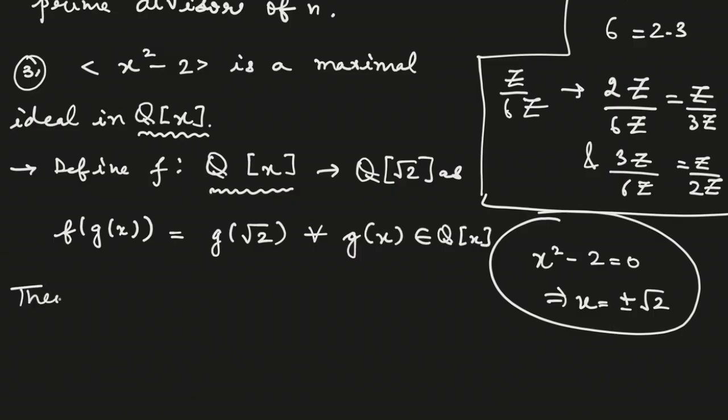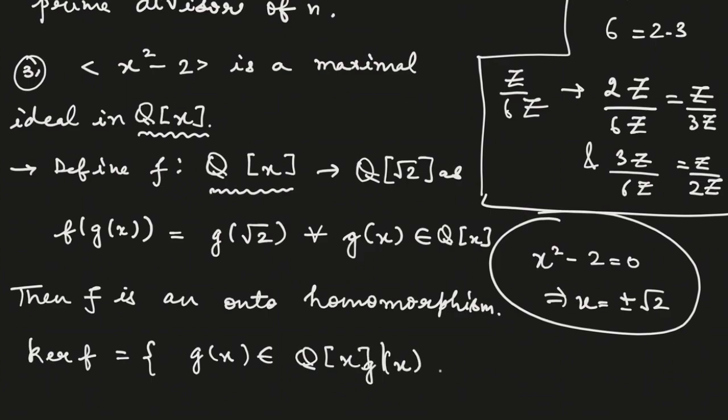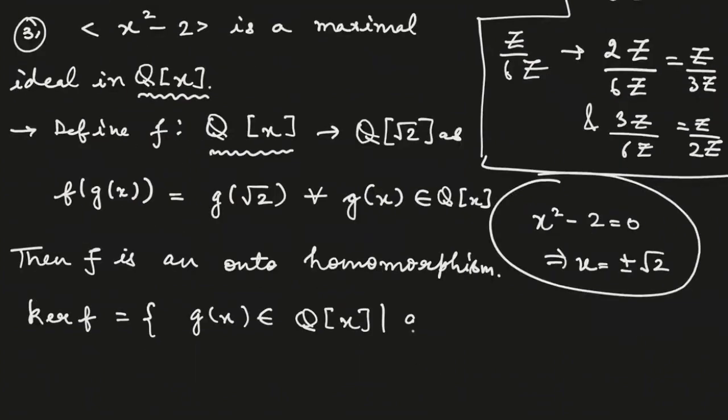Then f is an onto homomorphism and also the kernel of f will be the set of g(x) belonging to Qx such that f of g(x) is equal to 0, which means g of root 2 is equal to 0.